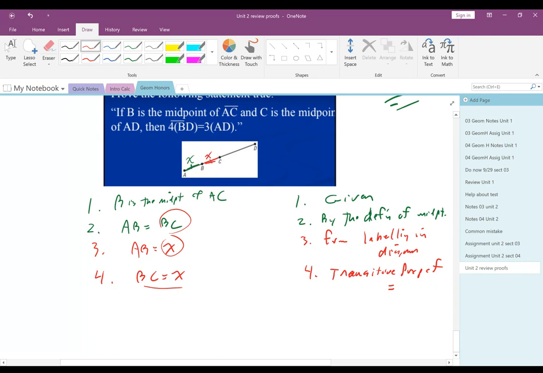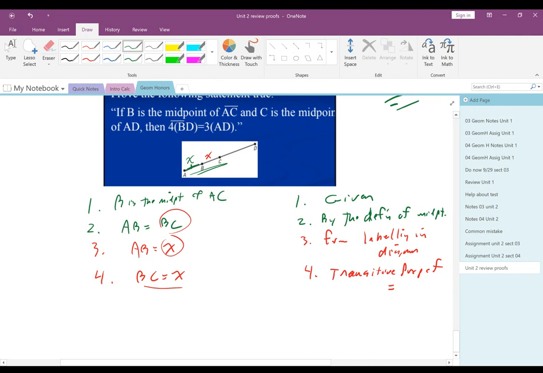But I haven't said anything about AC, right? AC has to be equal to 2x. So I've got to get that involved because I need AC involved because I know that C is a midpoint. So I need to get AC involved in this somehow, even though none of this other information is involved in AC. I need to get AC involved because I know that it's X plus X, right?